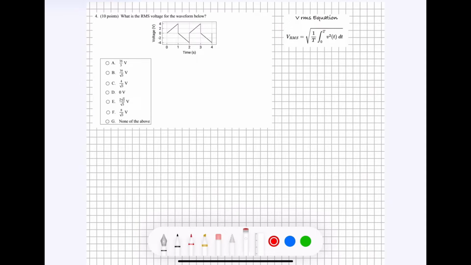So the period, or T, of this graph is going to be the length of time for which the waveform does not repeat itself. Looking at this graph, we can see that it starts at 0 and then goes up a little bit, and then it goes back to the x-axis and then goes down.